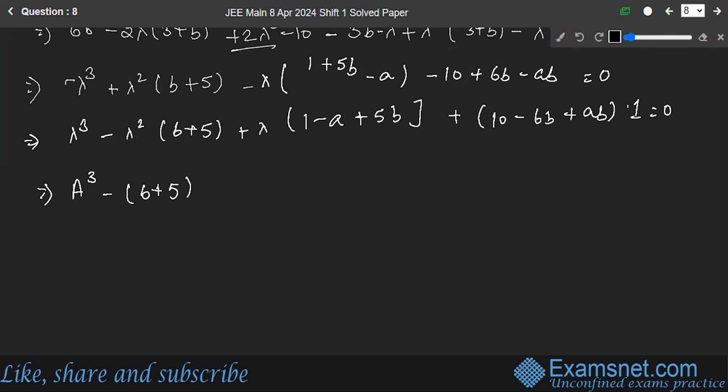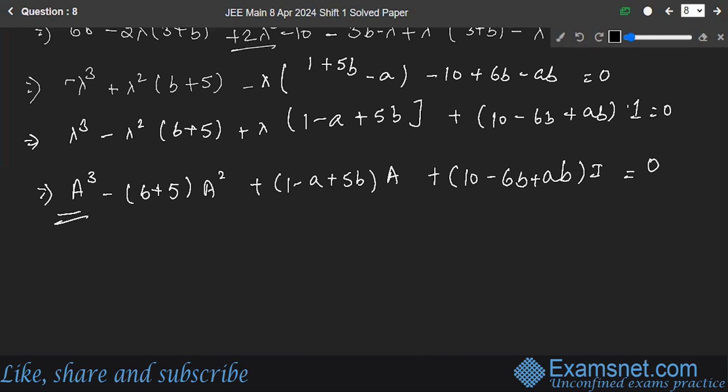Okay, so this is (b plus 5) into A² and then you have (1 minus a plus 5b) into A, and this is plus (10 minus 6b plus ab) identity matrix, right? This is equal to 0. So if I compare this, this is definitely 1 and b plus 5 is equal to 4 according to the question, because the given equation was A³ minus 4A² minus A plus 21I is equal to 0.